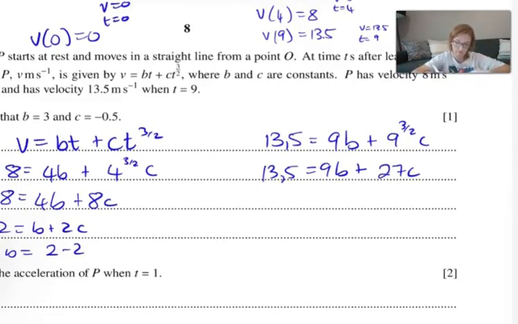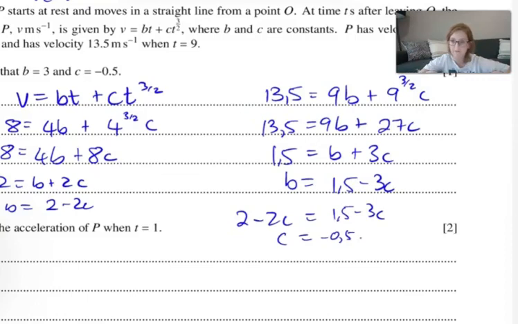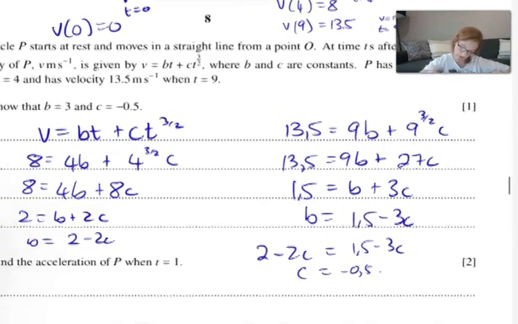So 13.5 divided by 9 is 1.5. Now B is 2 minus 2c, so 1.5 minus 2 is minus 0.5. And that is what they wanted me to prove, so we are good to go.